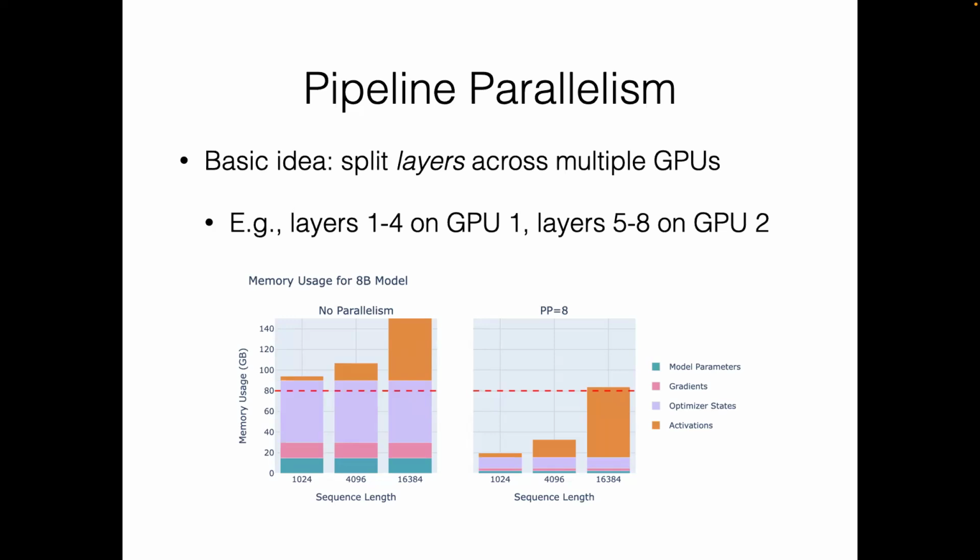You do the forward pass, and then when you get to layer 5, you switch to the other GPU and finish the forward pass. That's why it's called a pipeline: you have a pipeline of computations. Here we're splitting up the model by layers and putting them on different GPUs, so now we can fit really large models. That's what this is basically showing.